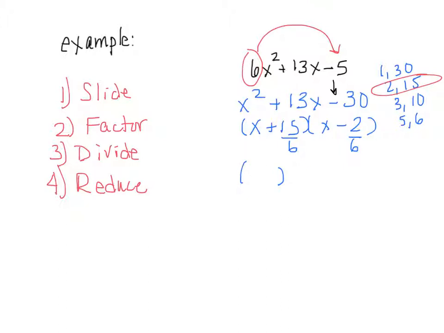This is going to become x plus, I can take a 3 out of both of those. Please feel free to use your calculator. But this becomes 5 halves and 1/3. And step number 5 would be to move our denominators.